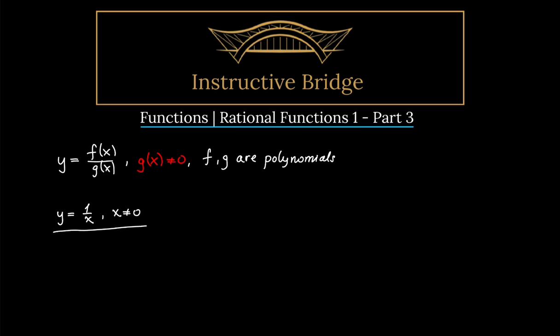Now, looking at this example, there are values which we can exclude from both x and y. So that means there's going to be a number that we can exclude from both the domain and range. Automatically, of course, we already know that x does not equal 0.